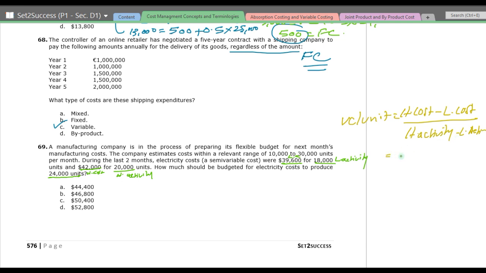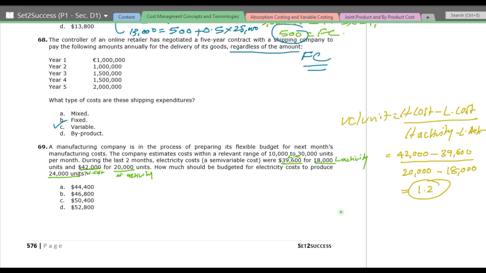Now the highest cost is 42,000 and the lowest cost is 39,600. Highest activity is 20,000 and the lowest activity is 18,000. So the variable cost per unit comes to be 1.2 per unit.